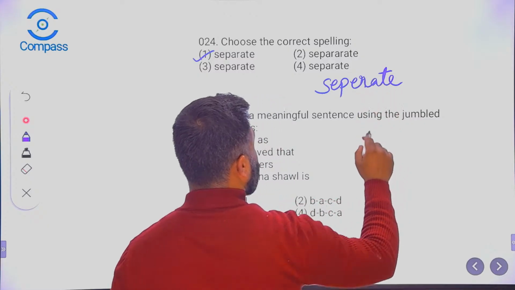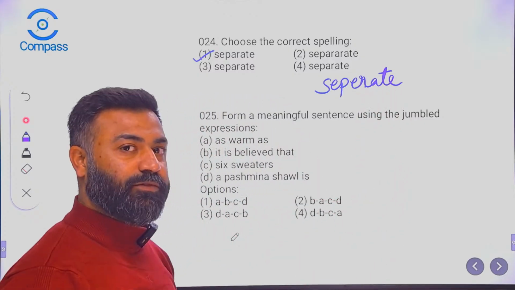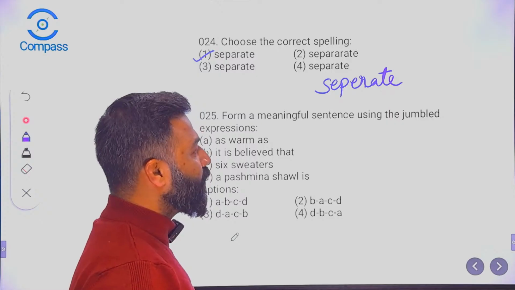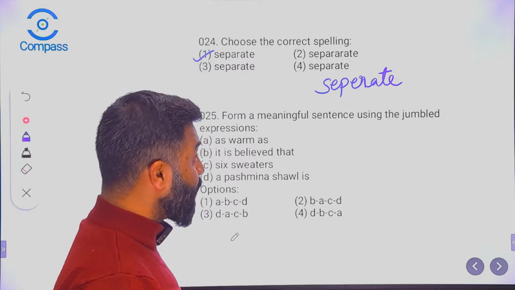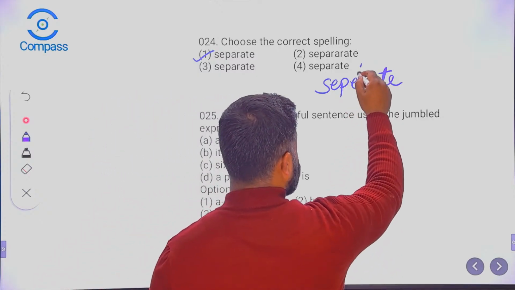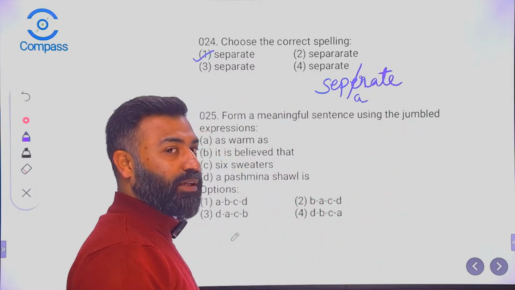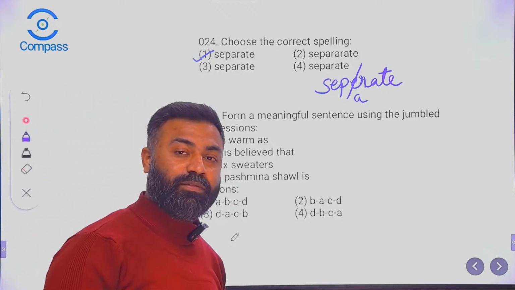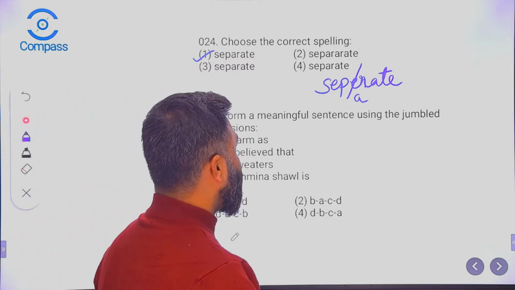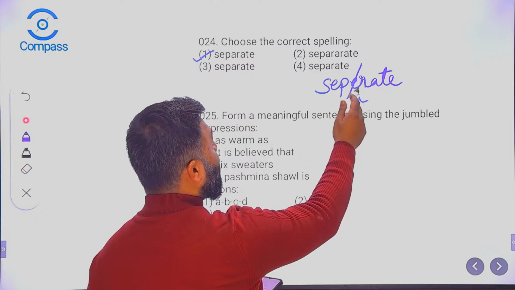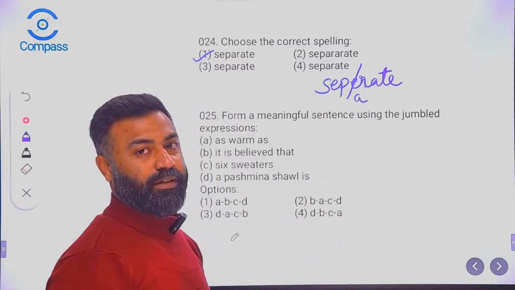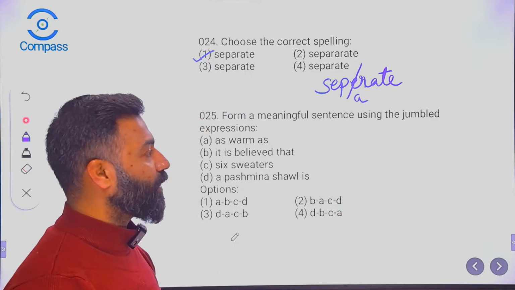Okay, now it is looking fine. Many children would not find any mistake in there, but then there is an error. This E has to be replaced with A. Okay, so you need to keep a check on that. Whenever you see the word separate, it has to be SEPA, not SEPE. If you get to see E, that's incorrect.